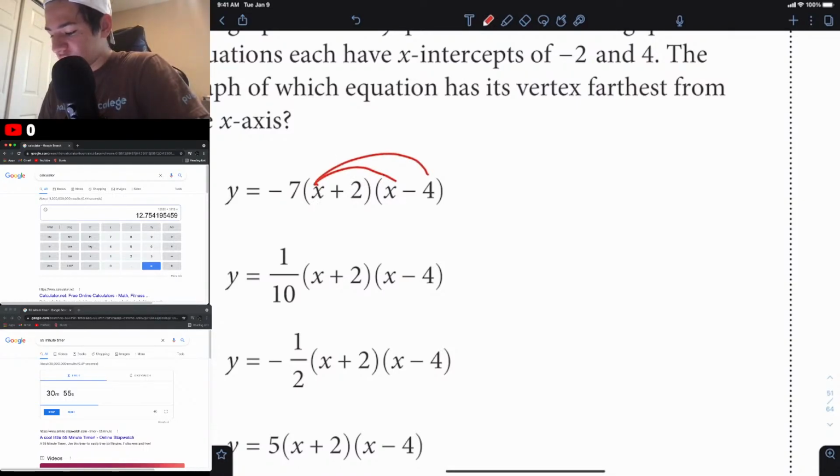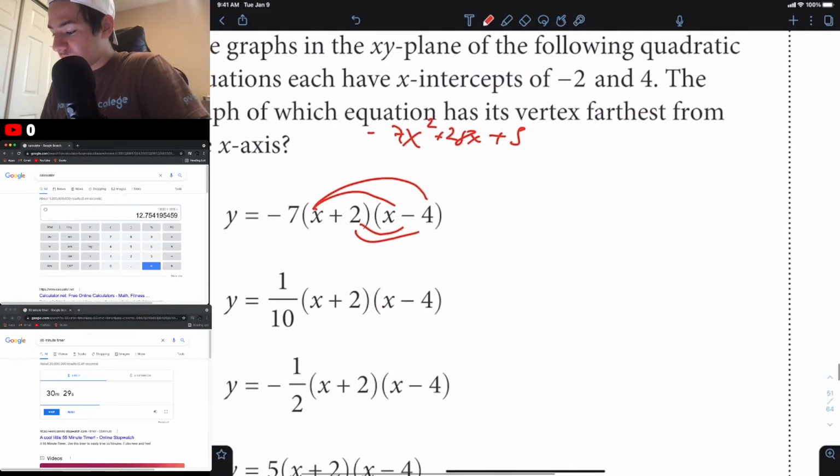So we get x squared minus 4x plus 2x minus 8. So minus 2x minus 8. And then that's times negative 7. So negative 7 x squared plus 14x, I'm just multiplying the whole thing by negative 7, sorry. And then 8 times 7 is 56, so this is going to become plus 56.